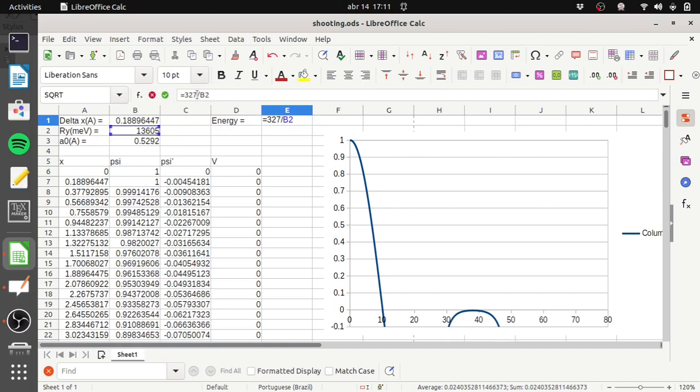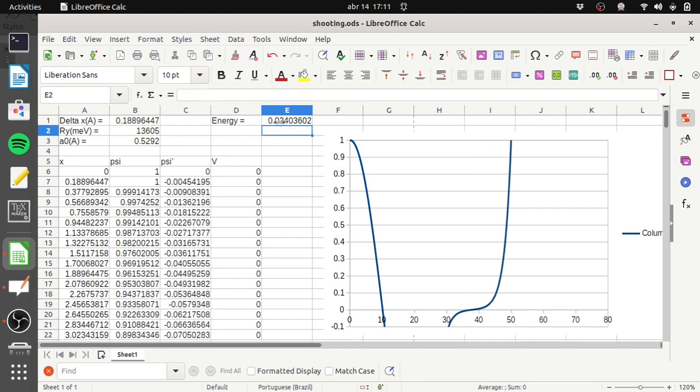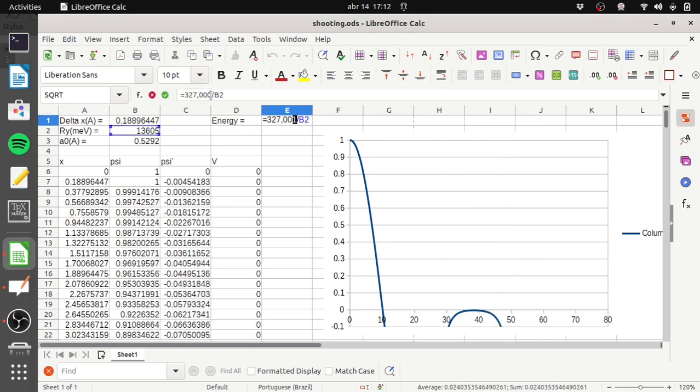Now 27.5, then it's too much, so it's 27 point, let's say 2, it's too much, 0.1, 0.01, 0.001, and it's too less. So I could put 0.0005. So you see, I'm just changing the numbers here until I get what I want.